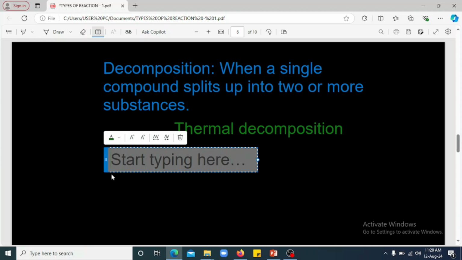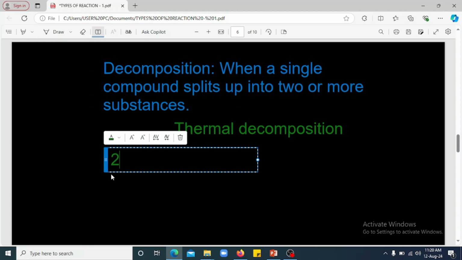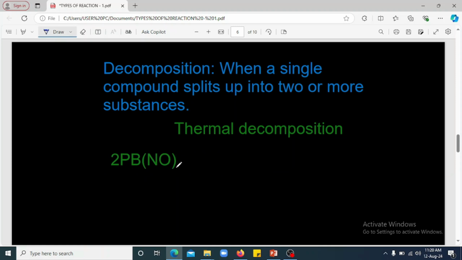So let's see. Lead. Now we have two underneath here. Two. And then what does it give us?